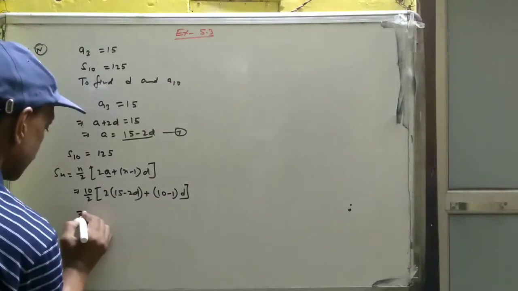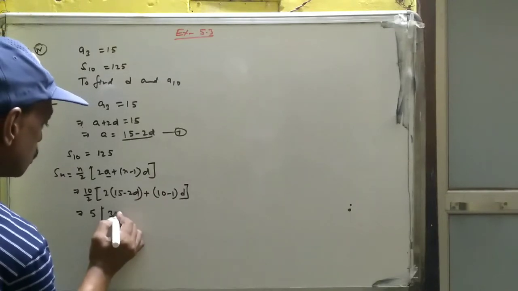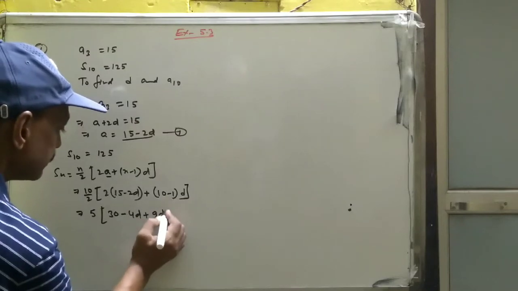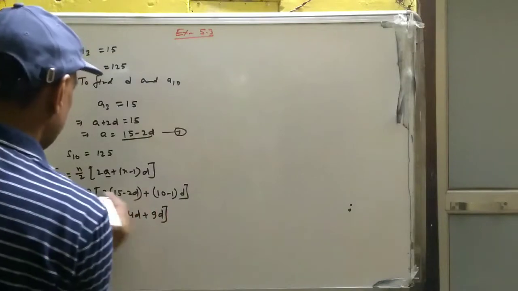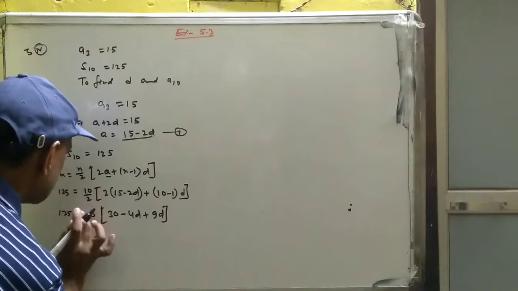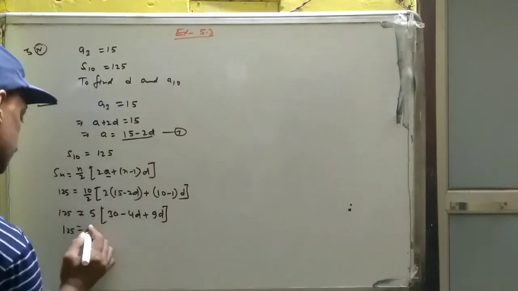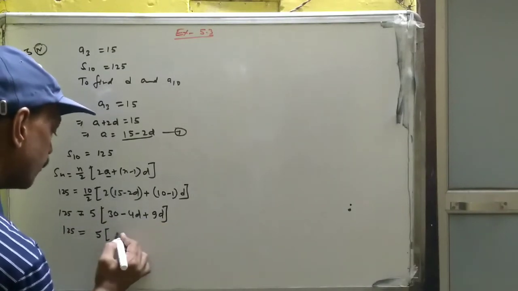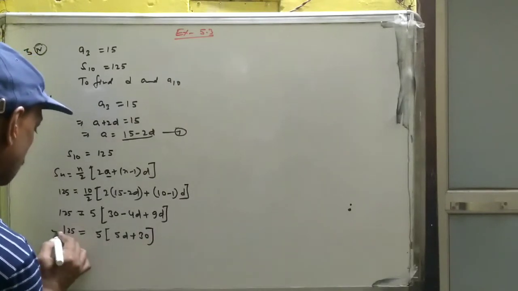Now calculate this, you will get the value 5. Just multiply this to 30 minus 4d plus 9d. Now write here 125 because the value is 125. So 125 equal to 5 into 5d plus 30.